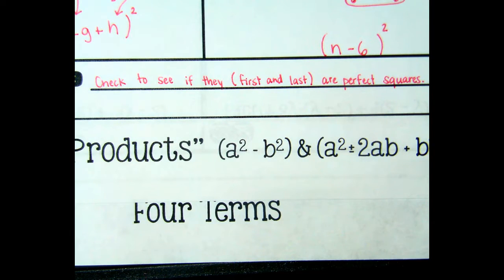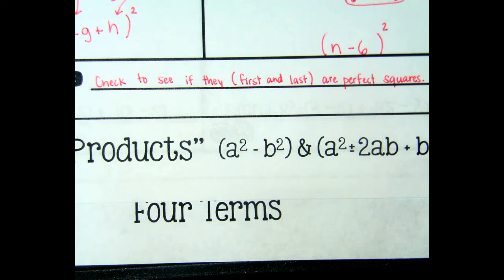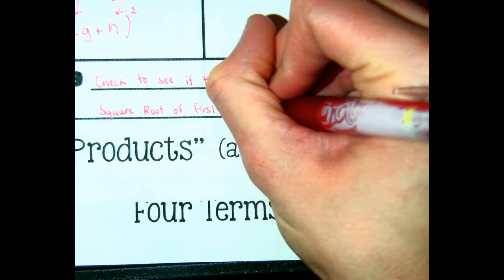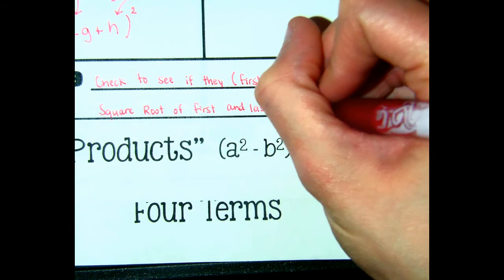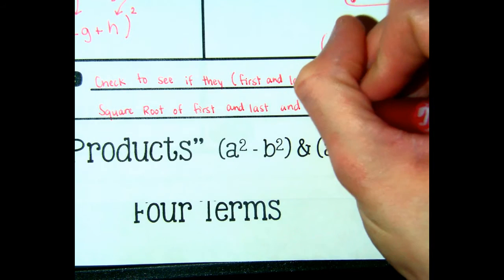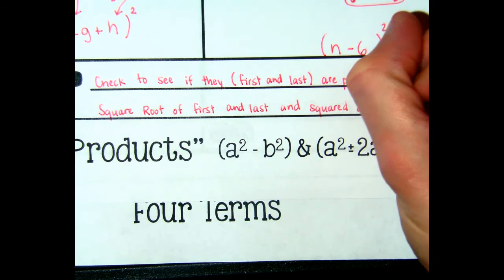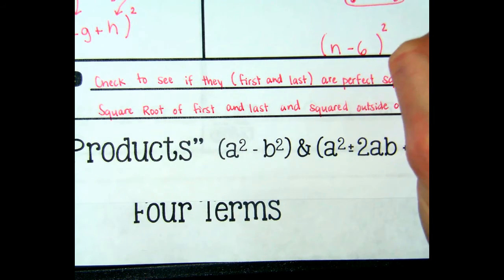How do I write it after I've checked it? Square root of first and last. And you said squared on the outside? Okay, good.